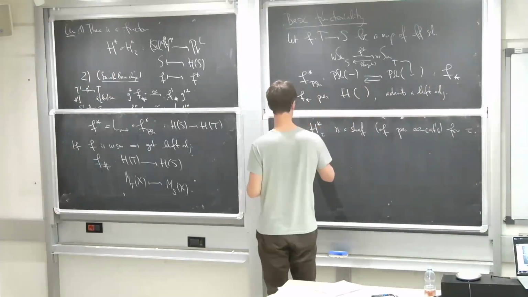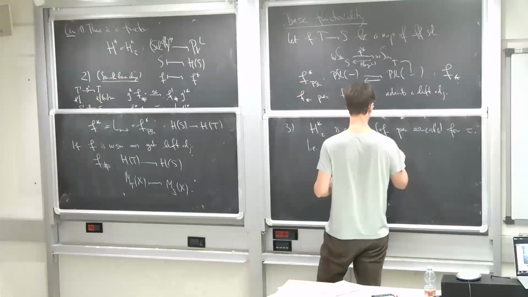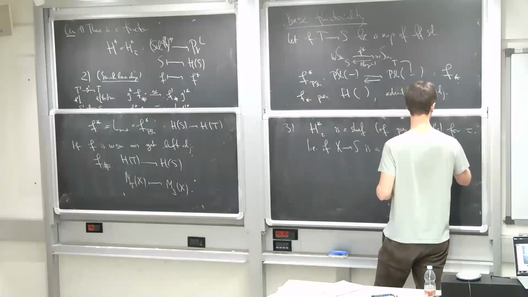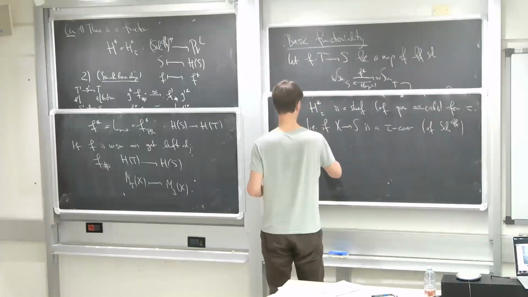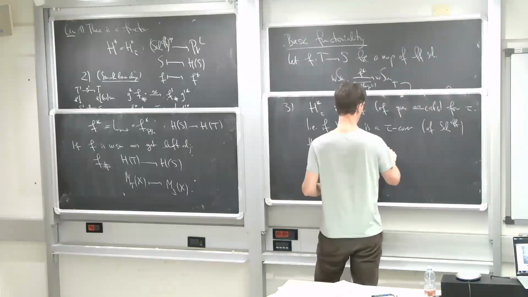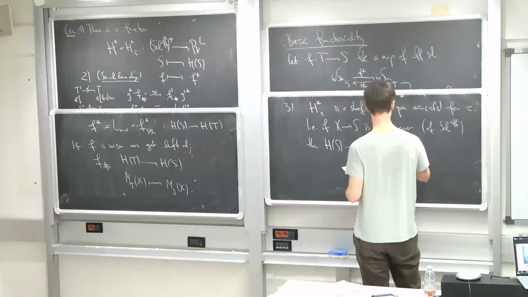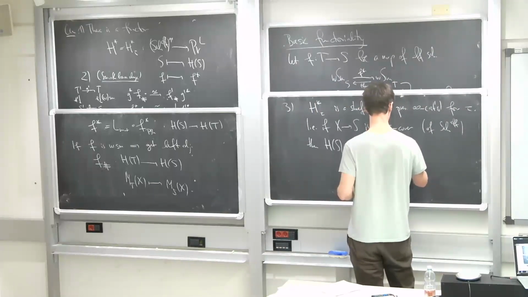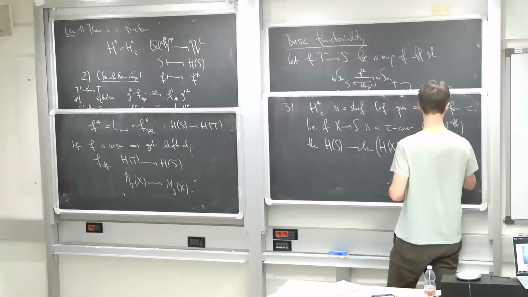I.e. if X to S is a tau cover of affine schemes, then H of S will be equivalent to the limit of H of X mapping, again using star pullback functors, p1 upper star, p2 upper star, into H of X times_S X, and so on.